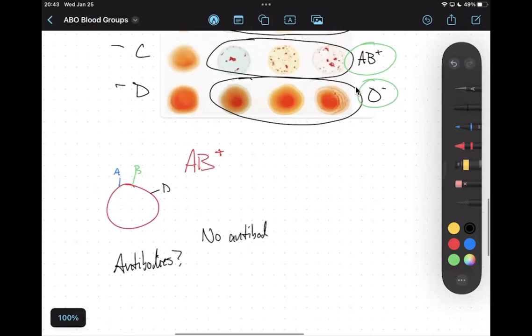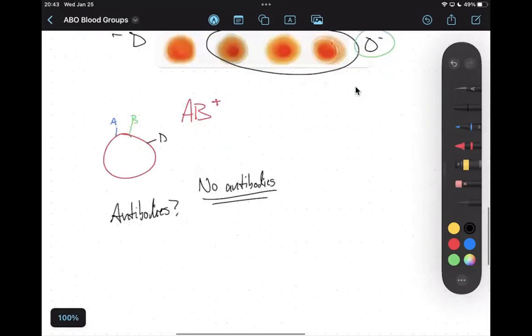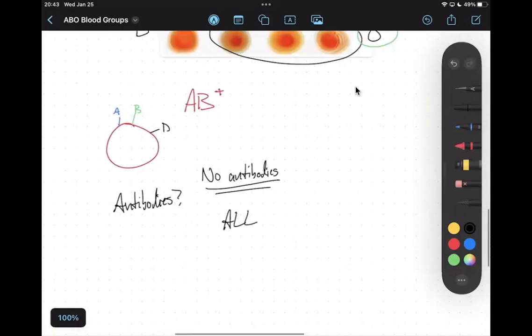So if there are no antibodies, what does that mean in terms of what blood this person could receive? Well, they could receive all blood types, right? Because if you give A blood, there's no anti-A antibodies. If you give B blood, there's no anti-B antibodies, and there's no anti-D or anti-Rh antibodies because they're Rh positive. They already have it.